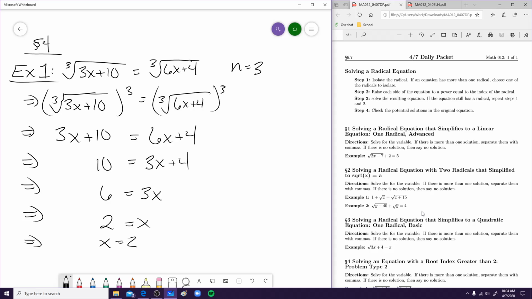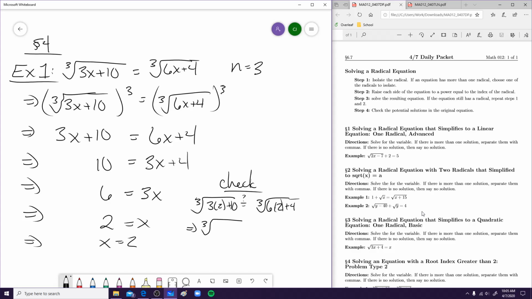Just like the previous sections, we still have to check our answer. We want to see if it satisfies. So for x equals 2, we check: does the cube root of 3 times 2 plus 10 equal the cube root of 6 times 2 plus 4?